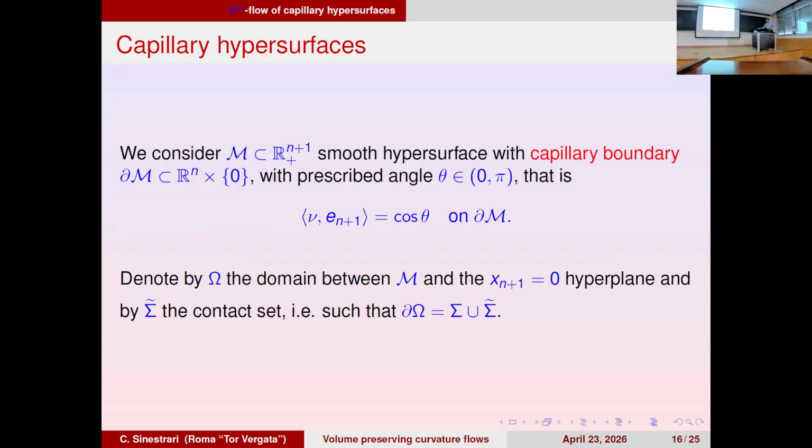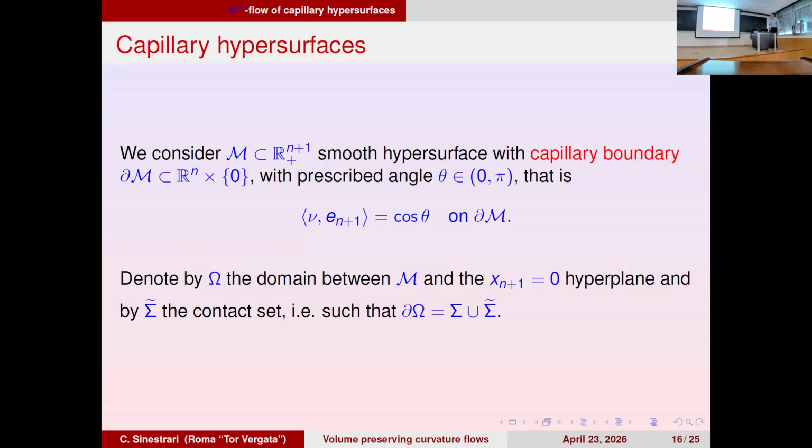In this setting we consider a hypersurface contained in the upper half space with boundary on the space where the n+1 coordinate is equal to 0, and we have a prescribed angle on the boundary.